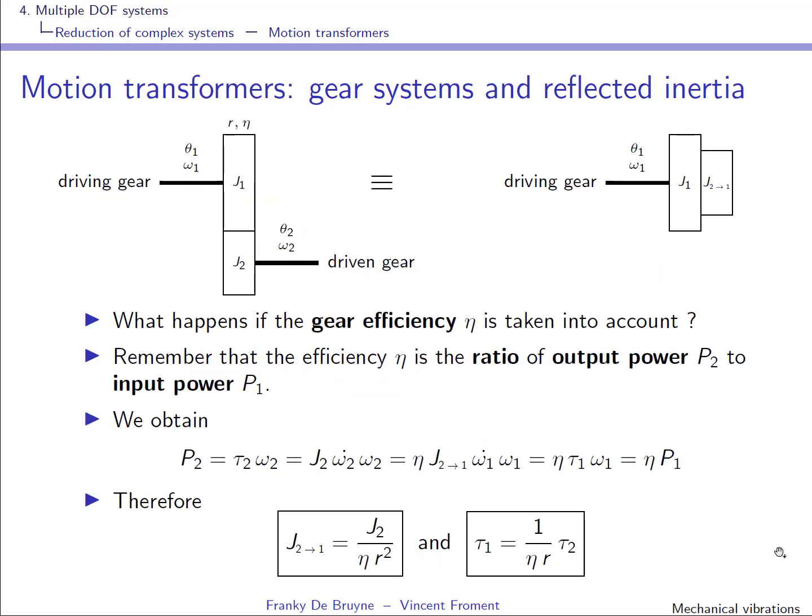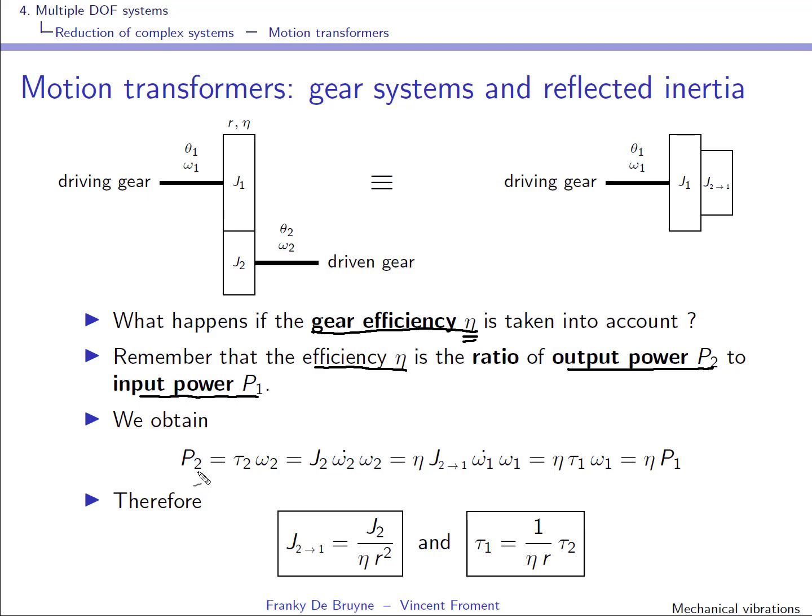In the preceding slides we had assumed that everything was working without friction, and of course we know that this is not the case, so you take the gear efficiency into account to correct for that. Efficiency eta is defined as the ratio of the output power over input power.